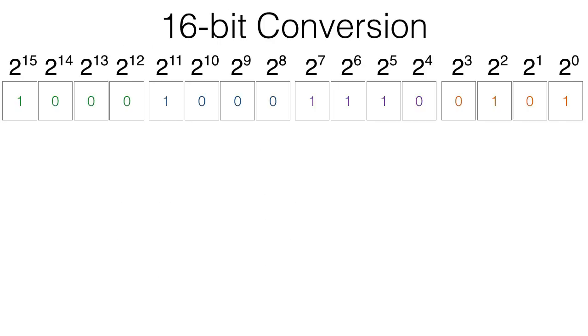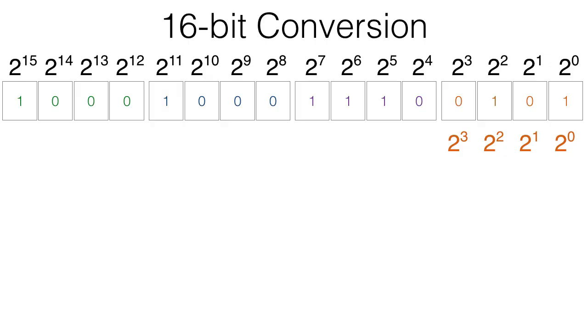Ready? Here's a 16-bit conversion. All right, so this time we've broken it up into 4-bit binary. See the color coding? I've got green, blue, purple, and orange. 4 bits each. Now let's do what we did with the octal before in the last topic. So we're going to do it by 4 bits at a time.